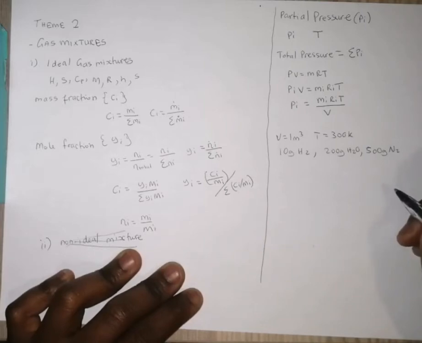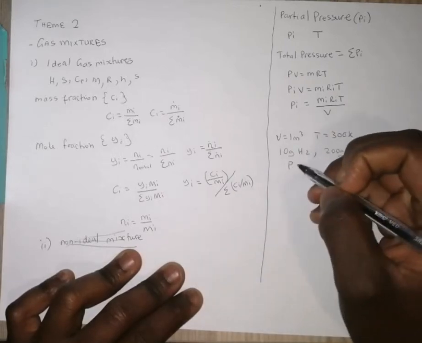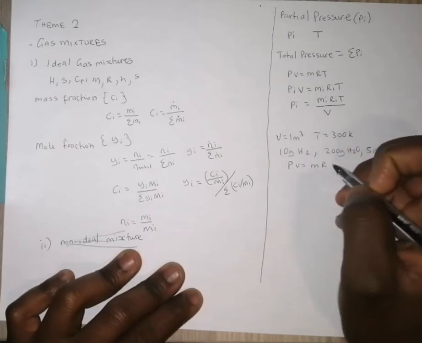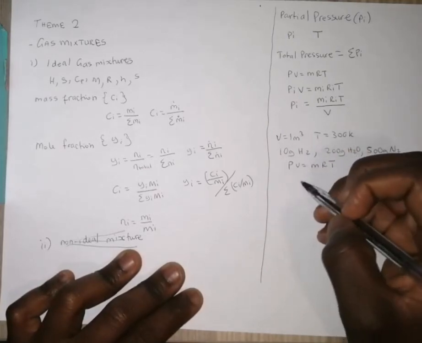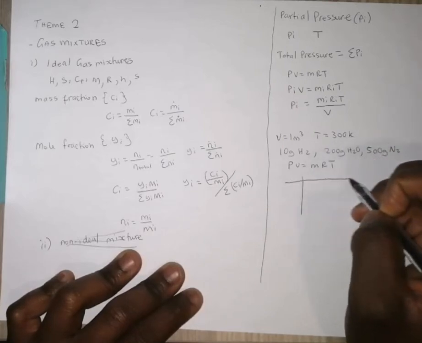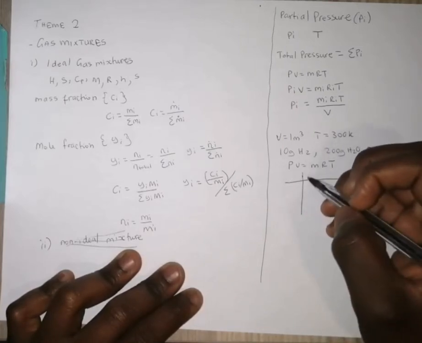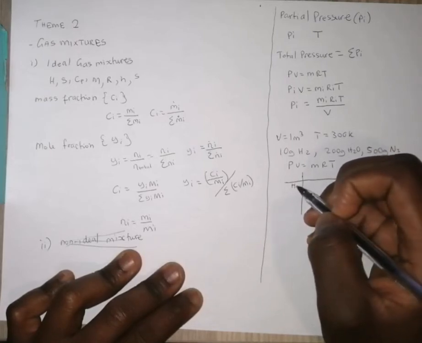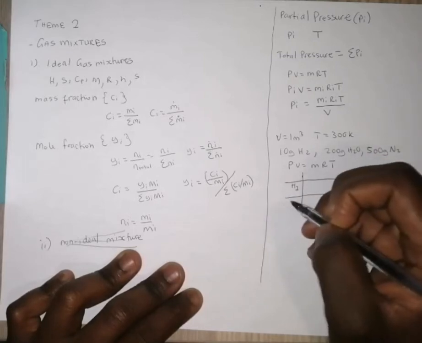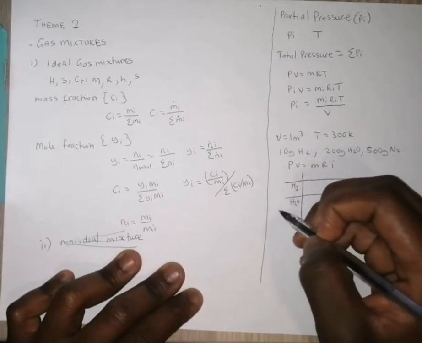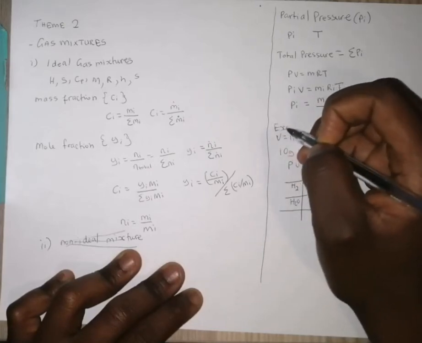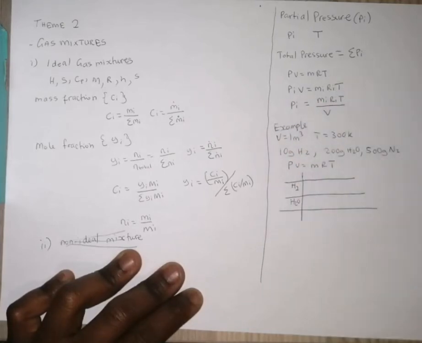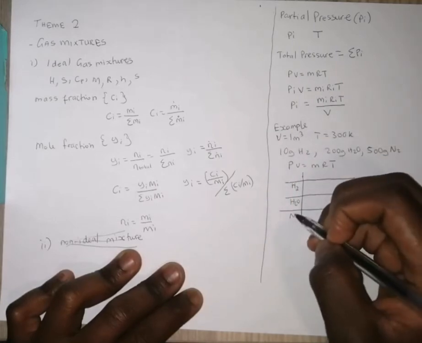If we want to find the partial pressure of each gas, we make a table using the same equation, PV is equal to mRT. In this table we're going to put the gases. We start with hydrogen, then water, then nitrogen.